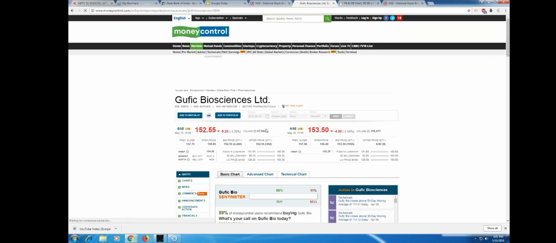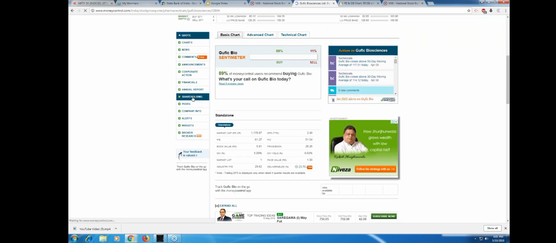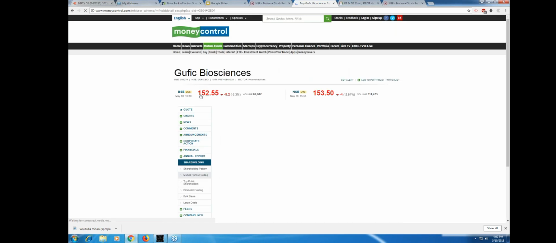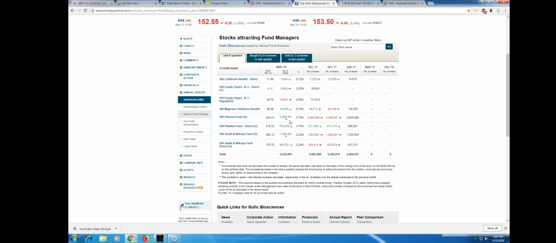Again, you go to the shareholding pattern, then to the mutual funds, and see here. Many mutual funds have increased their stake. Two SBI mutual funds have exited, but other SBI mutual funds have increased their stake in this particular stock, right?